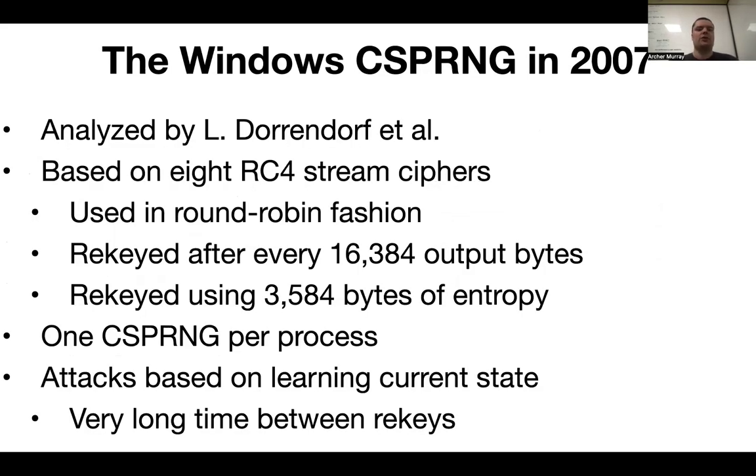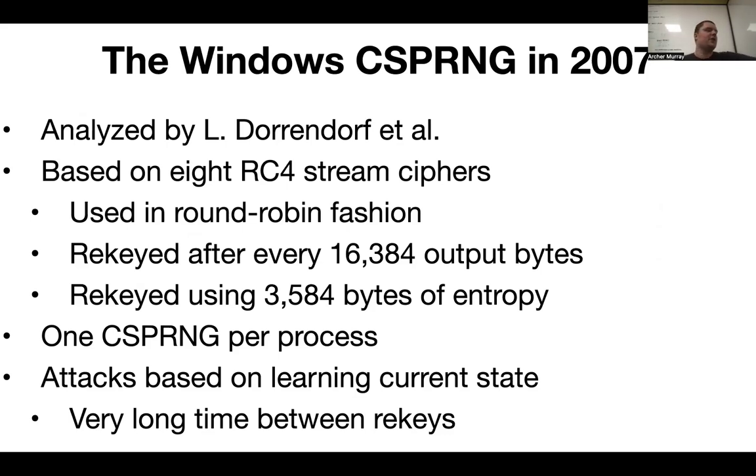Now, L. Dorendorf and others, a similar team to who analyzed the Linux CSPRNG, also analyzed the Windows CSPRNG. At the time, this was based on 8 RC4 stream ciphers, which were used in round robin fashion. So like one of them would be used to output 20 bytes, then the next one would be used to output 20 bytes, and so on until they used all 8.